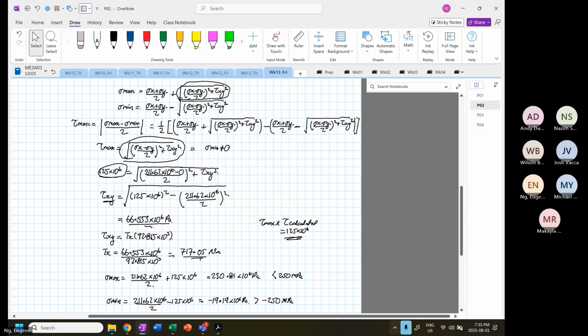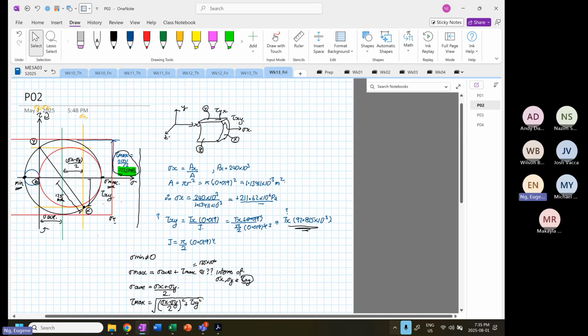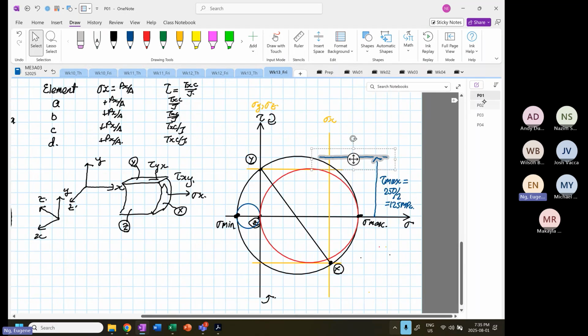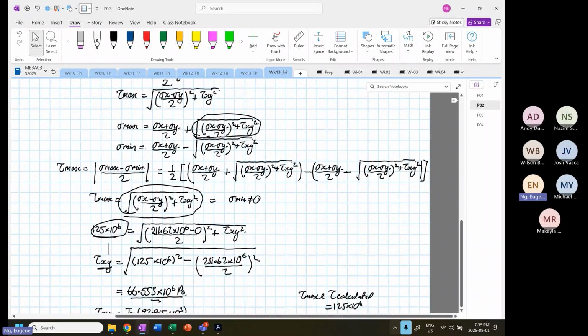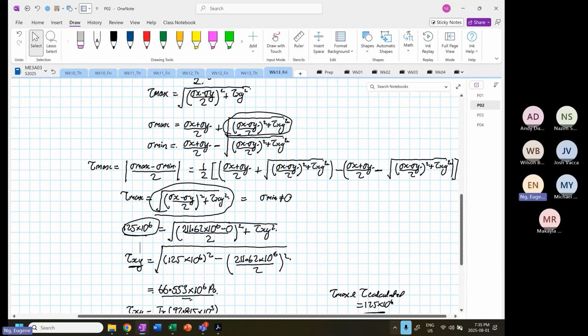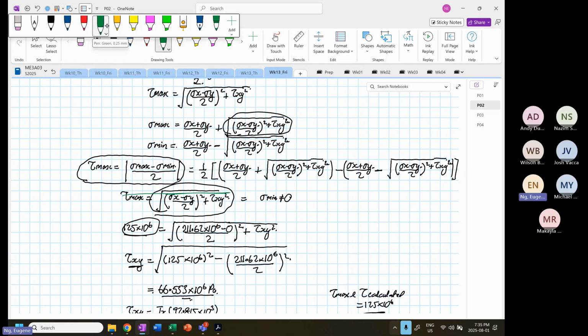Again, just a reminder. If you cannot remember the formula, there are two cases. One is when stress max or stress mean is equal to 0, one is not. So this is an important formula. If you want to memorize it, it's up to you.